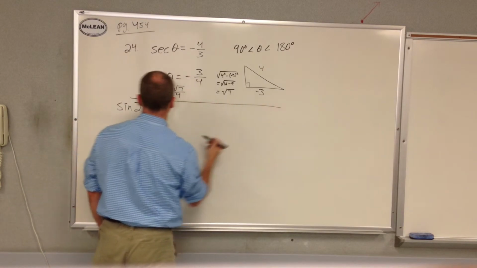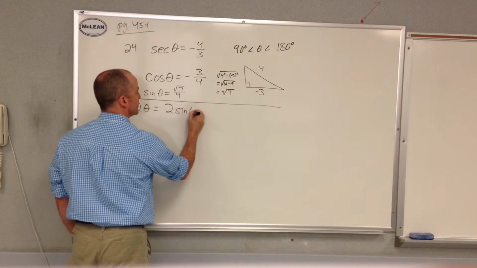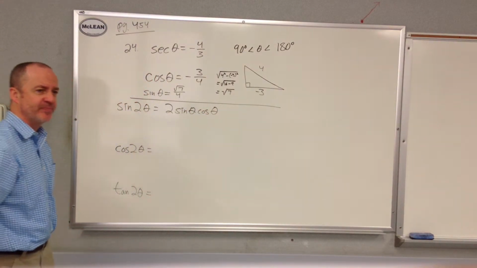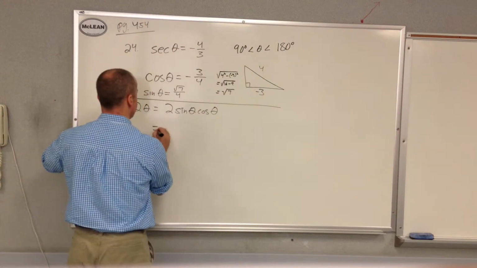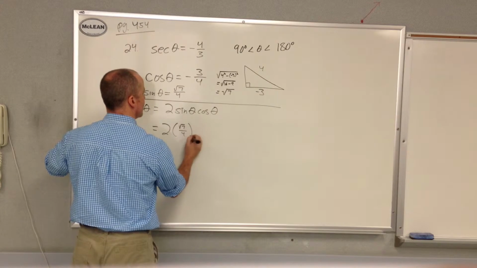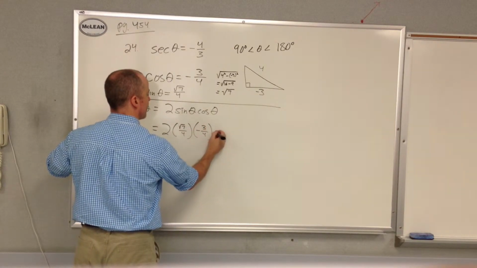I think I have enough information here, because sine 2 theta, we said yesterday, is just 2 sine theta cosine theta, correct? So that will be 2 times the square root of 7 over 4 times negative 3/4.